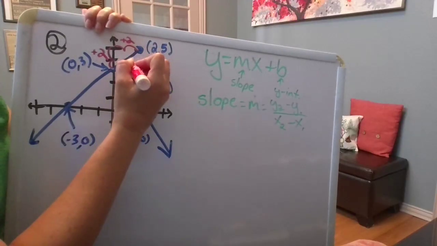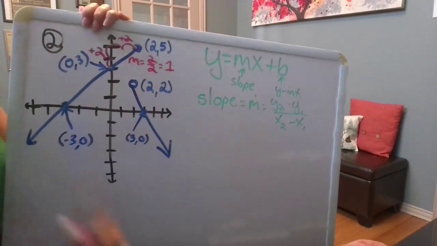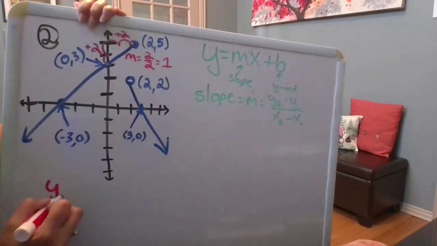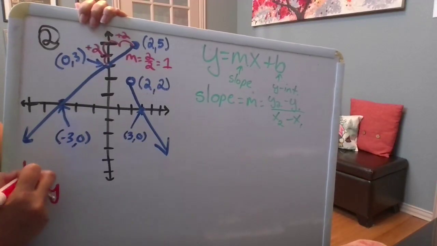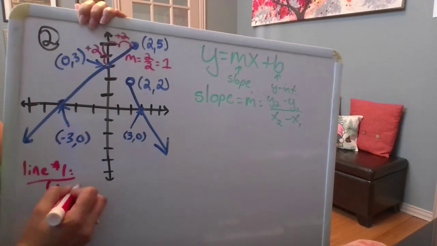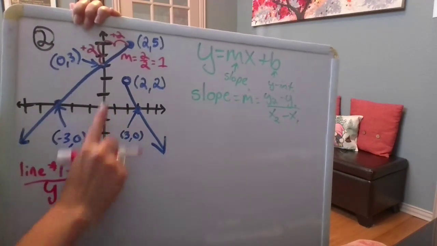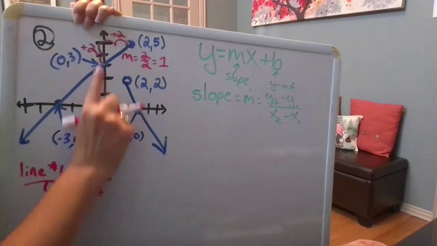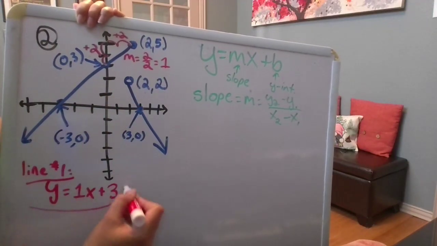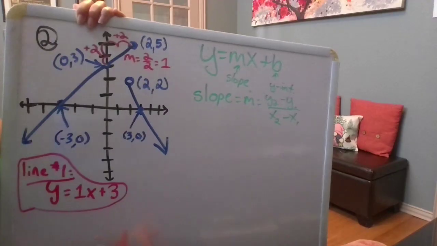So my slope for this first line would be rise over run, which is just 1. For line 1, I have y equals 1x plus, and then I need to find my y-intercept. That's where it crosses the y-axis, and you can see it happens right there at 3. So my equation is y equals 1x plus 3, and then that line is done.